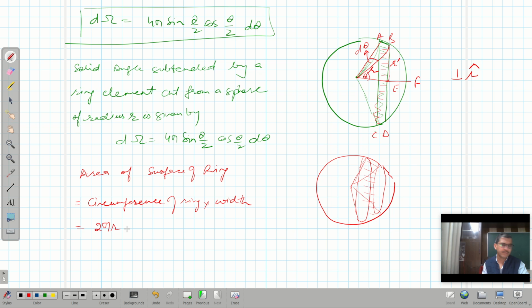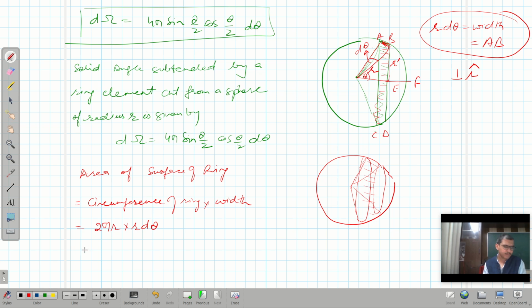And what about its width? So width depends upon this d theta and this r. Because these two distances are equal, the width is r d theta, and that width is represented by AB here. So therefore its width will be r d theta.